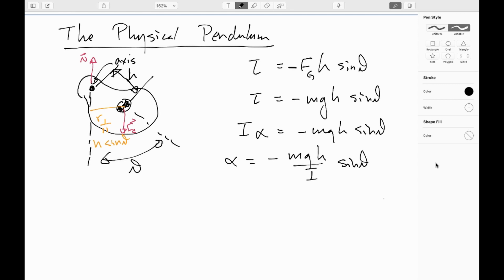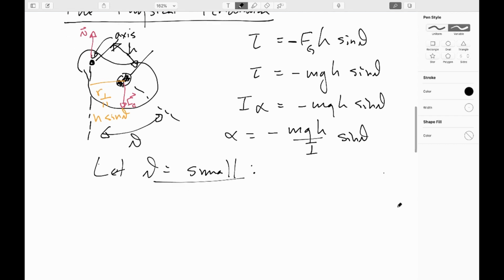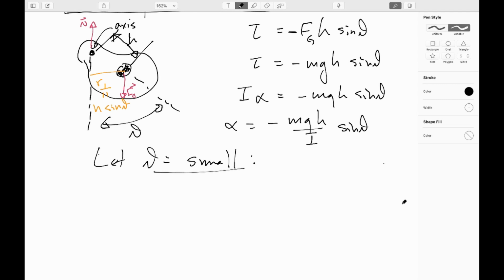If we keep our angles small, say below about 20 degrees or so, this is a good exercise to do if you've got your calculator nearby. Put your calculator into radians and take the sine of 0.1. You'll see that you get a number that's just a titch less than 0.1.